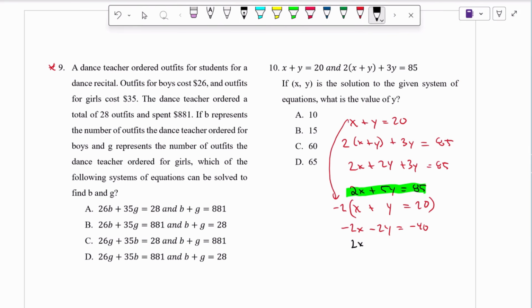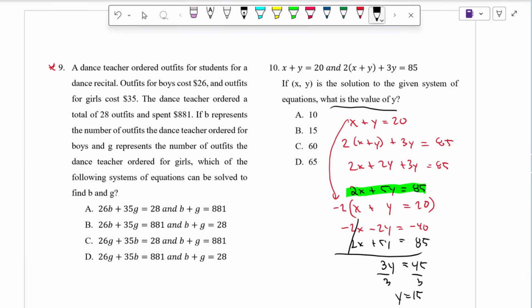Now, when I add these two equations together, you're going to see some stuff start to cancel out. Okay, the -2x is canceled. This leaves me 3y equals 45. I divide by 3, and I'm going to find out that y is equal to 15.